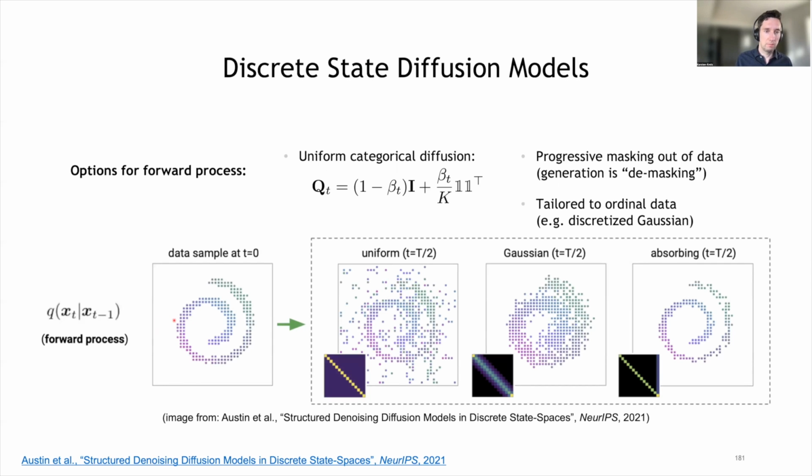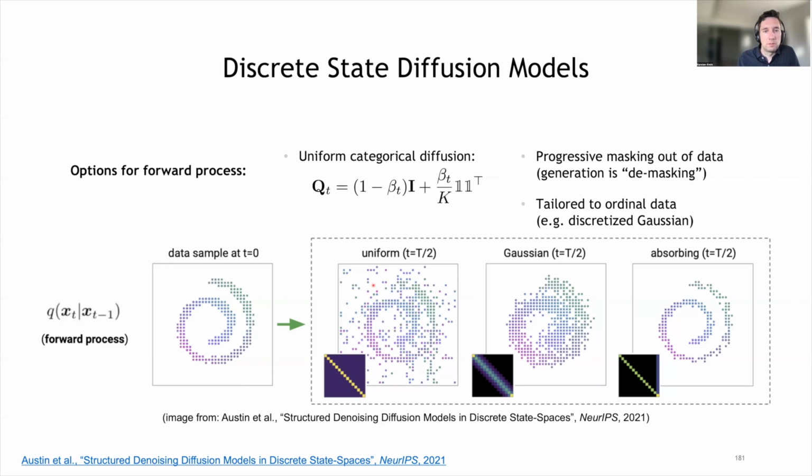How does this look, for instance? So here I have the data distribution. It's a bit complex, but basically each pixel of this image represents one categorical variable, and the color of this pixel represents which category we are in. Now if I would do this uniform categorical diffusion, it would look like this, where I would transition into different states everywhere in the image.